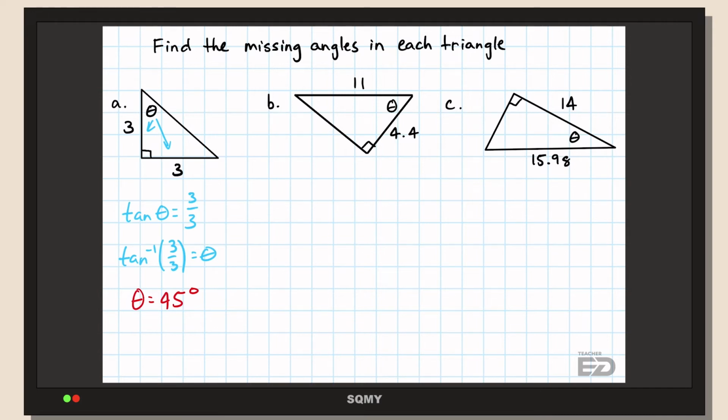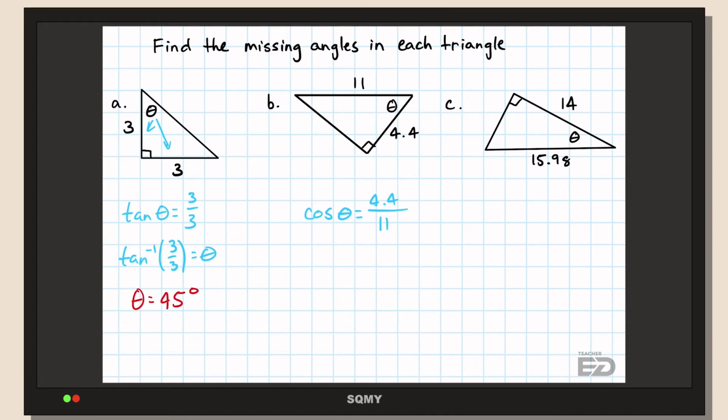Looking at triangle B here, we have missing theta again, and we know the adjacent is 4.4, and we know the hypotenuse is 11. So using adjacent and hypotenuse, we know we will use cosine. We'll set up our equation as cosine theta is equal to adjacent of 4.4 over the hypotenuse of 11.